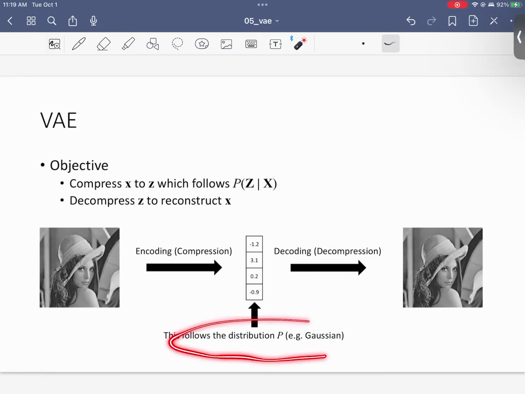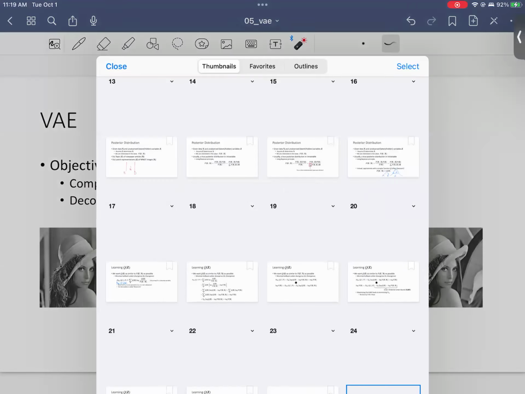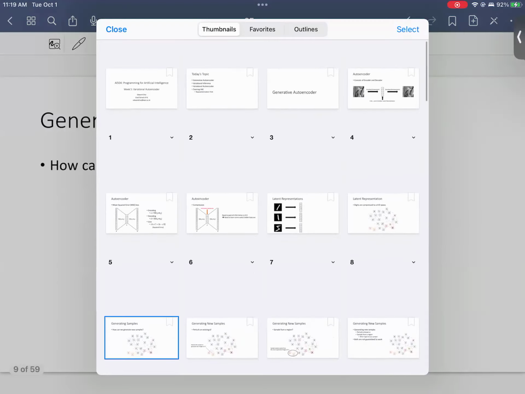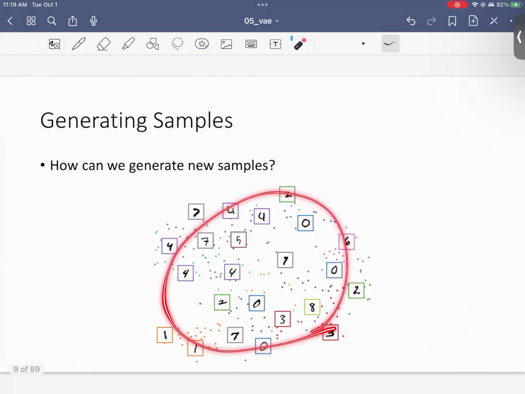The only addition to the vanilla autoencoder is that we want the latent space to follow a certain distribution, which is usually a Gaussian distribution. So if you remember the scatter plot here, this autoencoder latent space doesn't follow any distribution. There's no guarantee that it will follow a Gaussian distribution or beta distribution or any other distribution. It'll just be shaped in a way that maximizes your reconstruction performance, because that was the only guide to shaping the latent space, which is reconstruction loss.